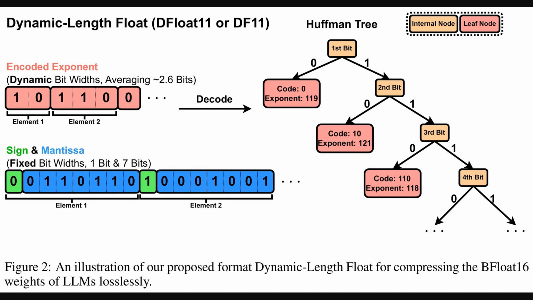This is achieved using Huffman coding, illustrated by the tree on the right. Basically, exponent values that appear more often in the model get assigned shorter bit codes, like 0 for exponent 119, while less frequent ones get longer codes. This variable length encoding brings the average bits needed for the exponent down to that approximately 2.6-bit entropy level we saw earlier, resulting in the overall compression.